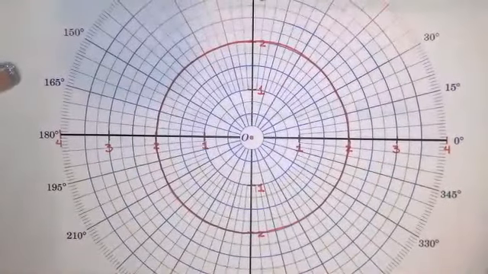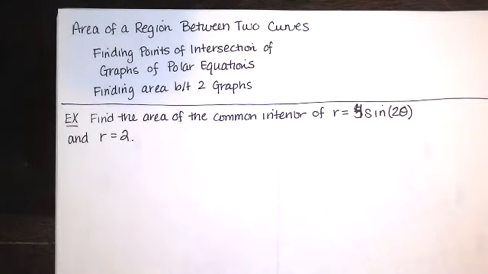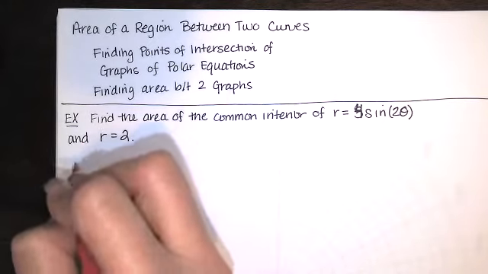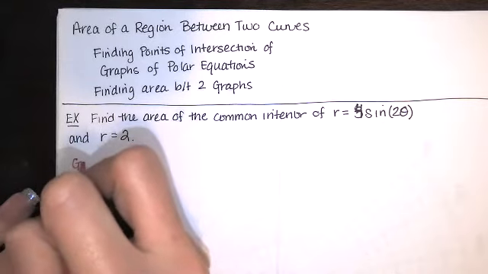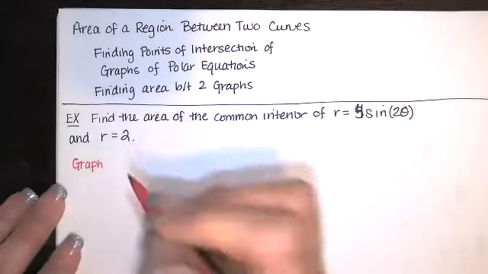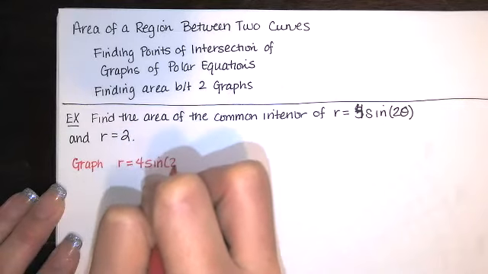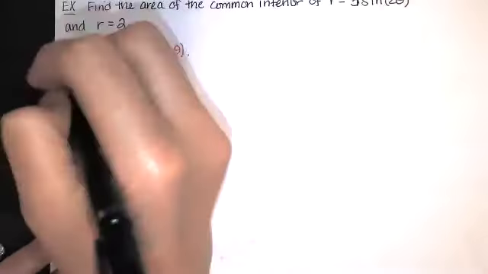Just a circle of radius 2 centered at the origin. And this one, r equals 4 sine of 2 theta, we can graph using the same method that we talked about in earlier videos. So let's graph that function. And the way we do that first is we graph r versus theta.